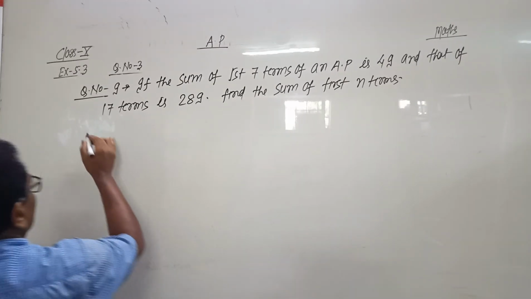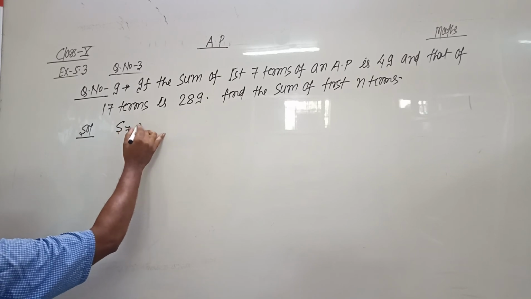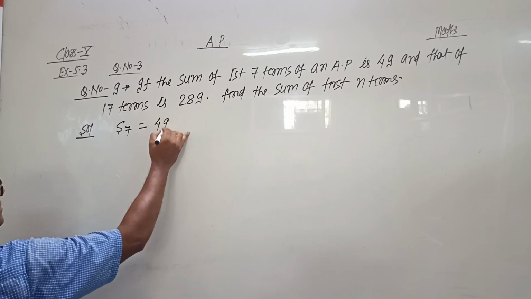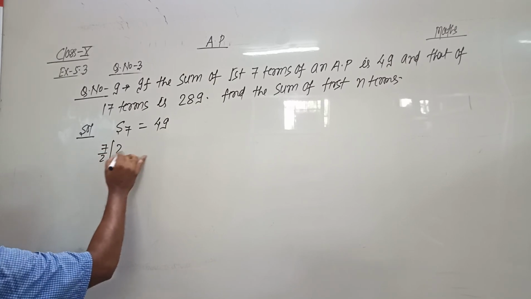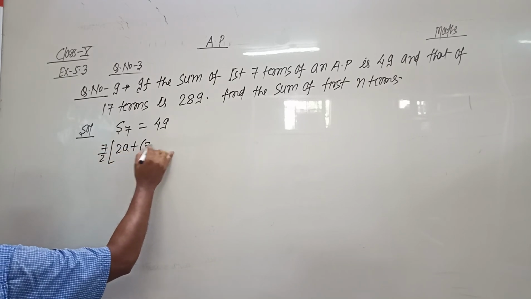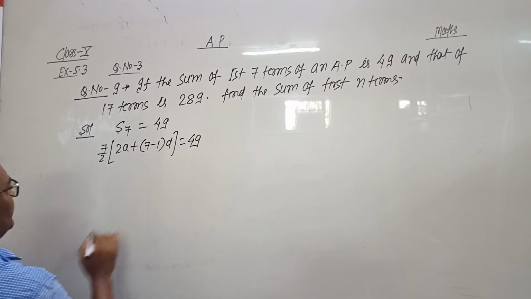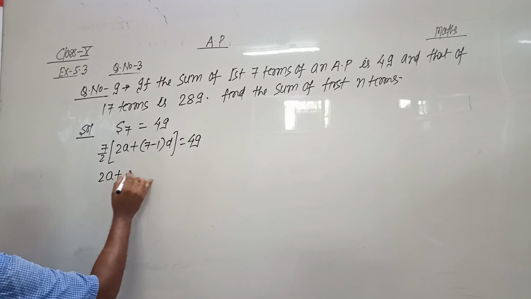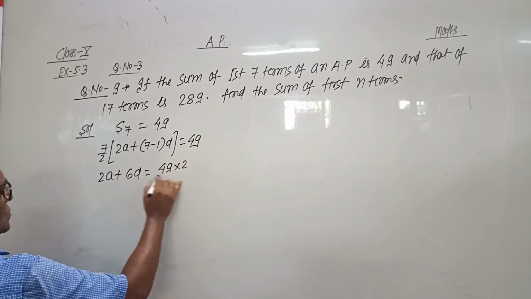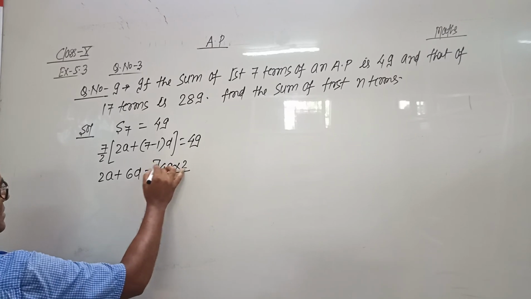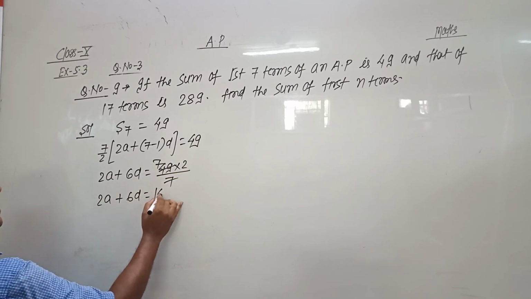So we have given the sum of first 7 terms is 49, means n by 2, 7 by 2, 2a plus 7 minus 1 into d equals 49, and 2a plus 6d equals 49 into 2 by 7, and 2a plus 6d equals 14.